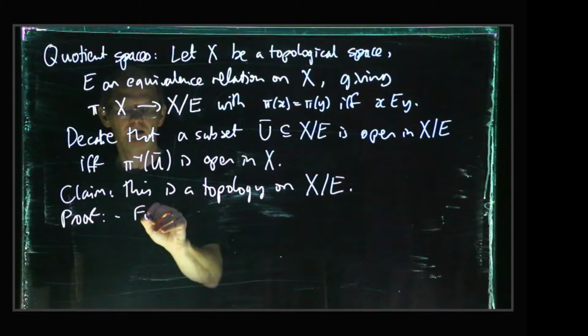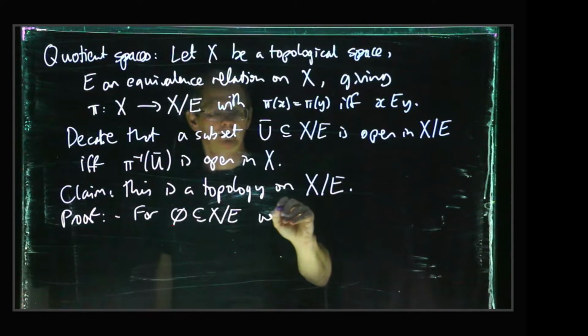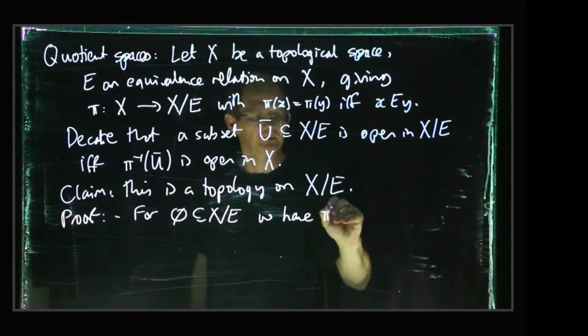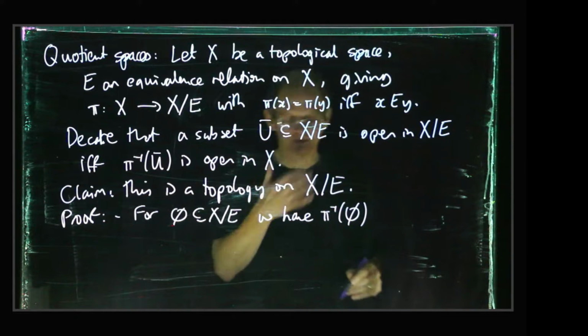Well, firstly, for the empty set contained in X mod E, the pre-image of the empty set is the set of points which get mapped into the empty set, which is impossible.